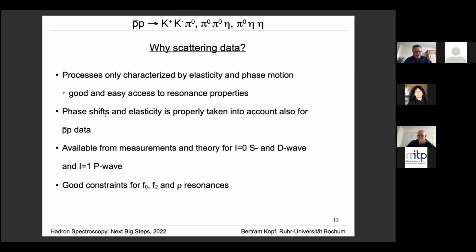And this means that the phase shift and the elasticity is properly taken into account also for the antiproton-proton data, which are fitted simultaneously. And also available for this are theory data from the isospin 0 S and D wave and also for the isospin 1 P wave. And this gives, of course, good constraints for the individual waves.